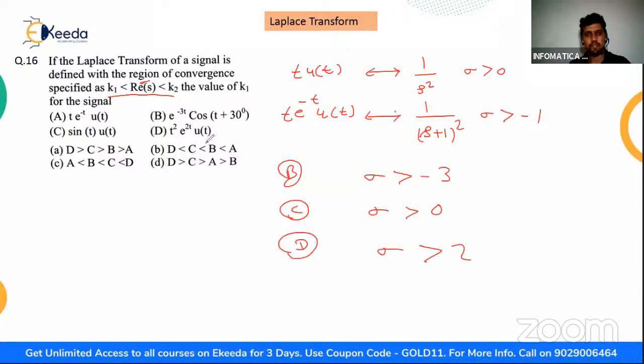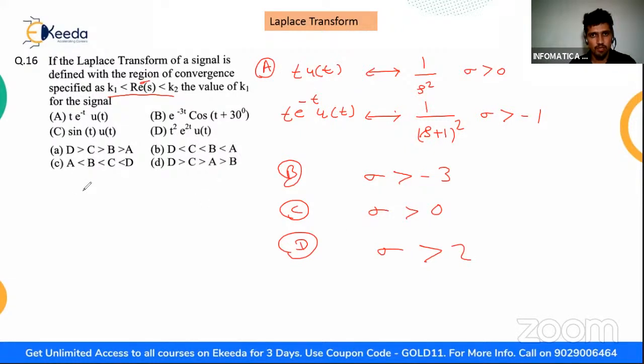You just need to find out the Laplace transform. You can easily do t square, and then this is due to the shifting in the s domain. Likewise, I have done for a. You can easily do for others. And we have to mention in order.